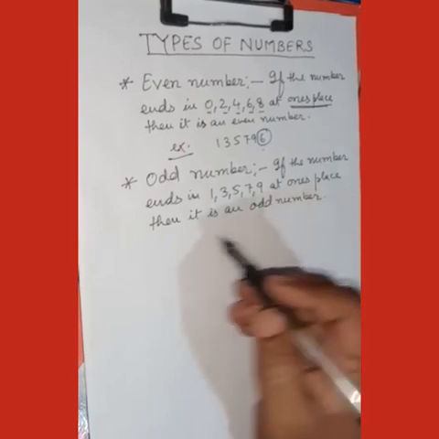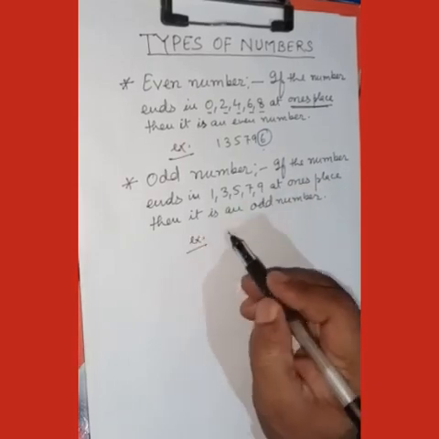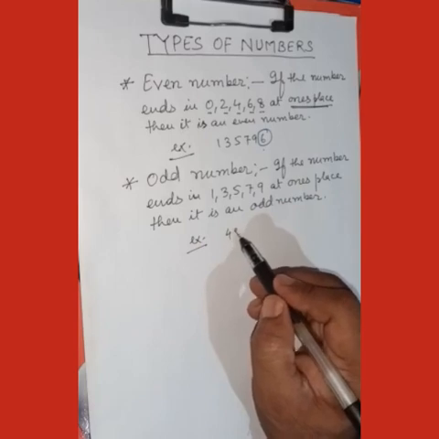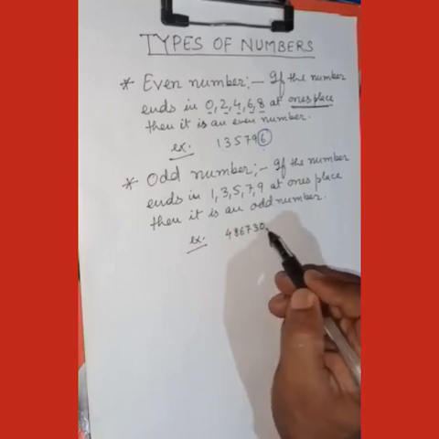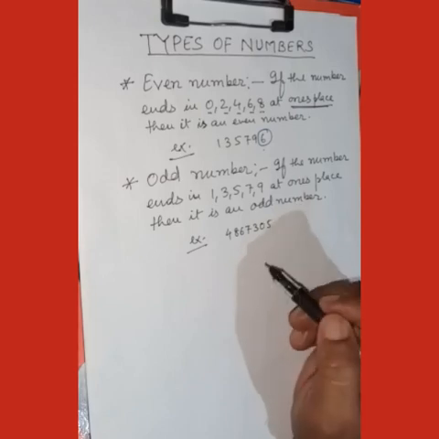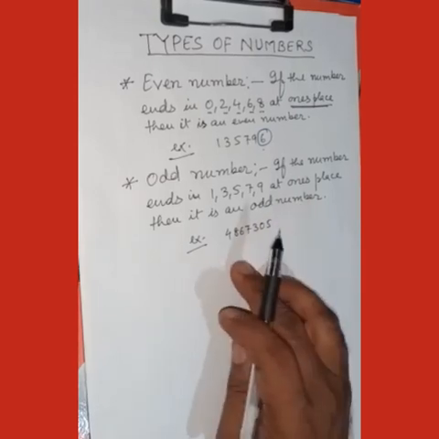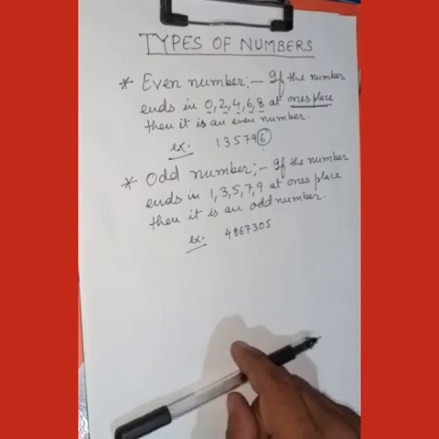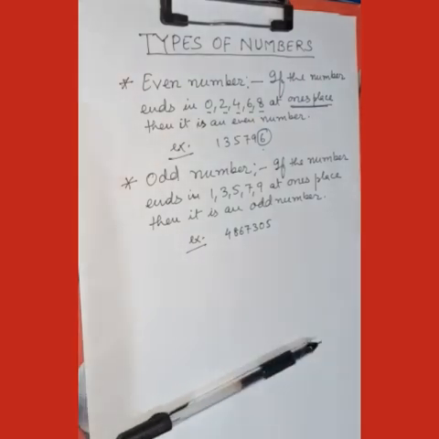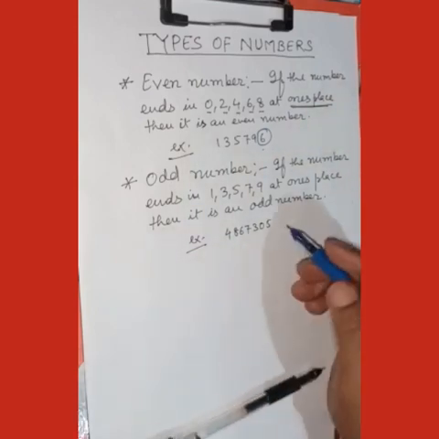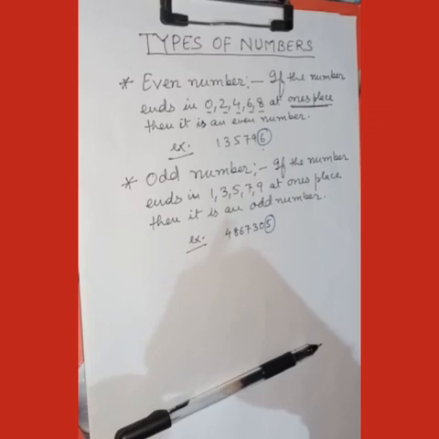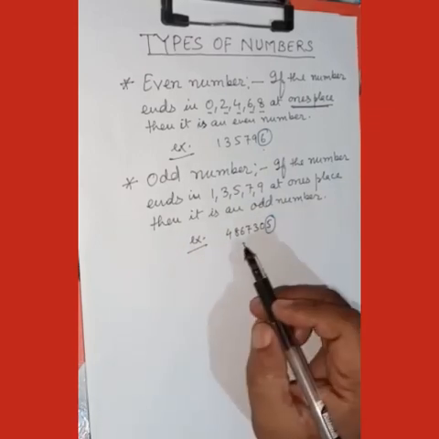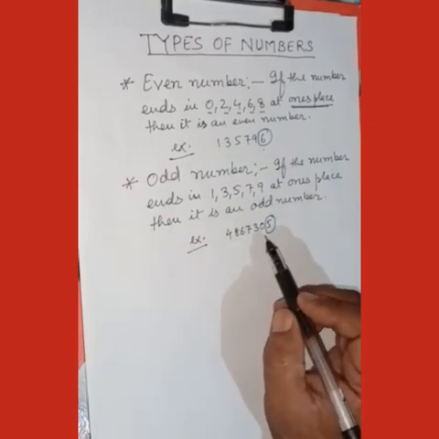Okay student, now see example: 4 8 6 7 3 0 5. Okay, now number is written 4 8 6 7 3 0 5. Here at one's place is 5. So we can say immediately the number is an odd number.